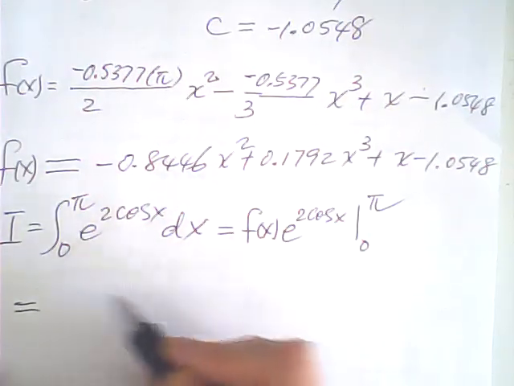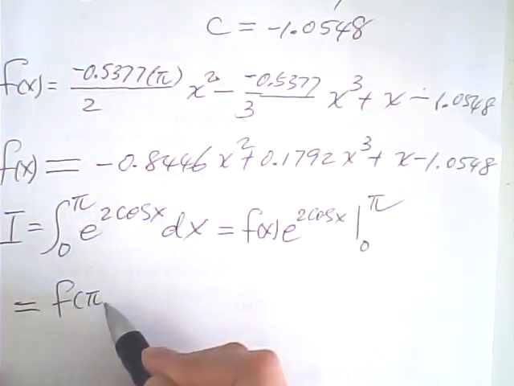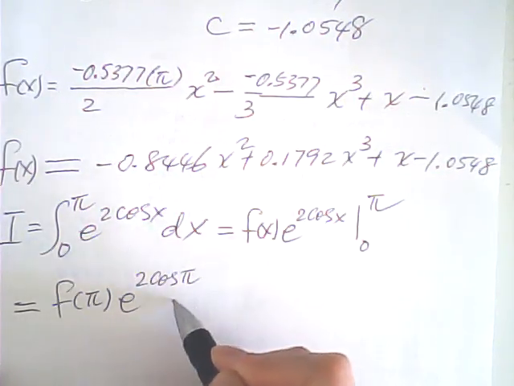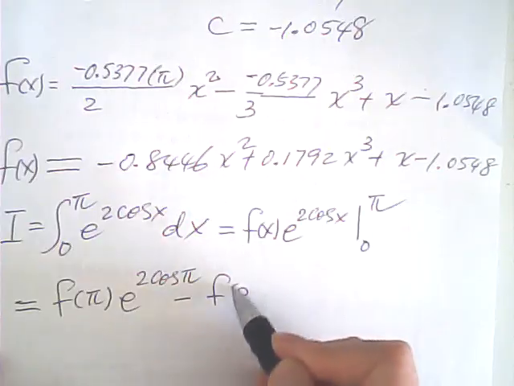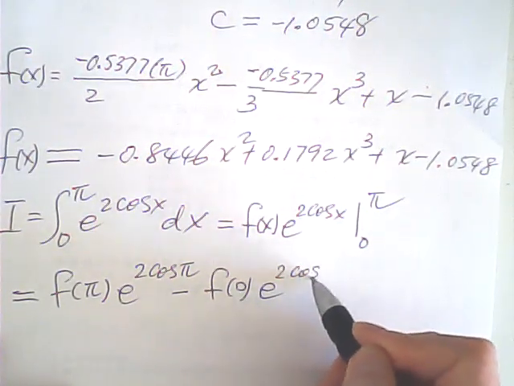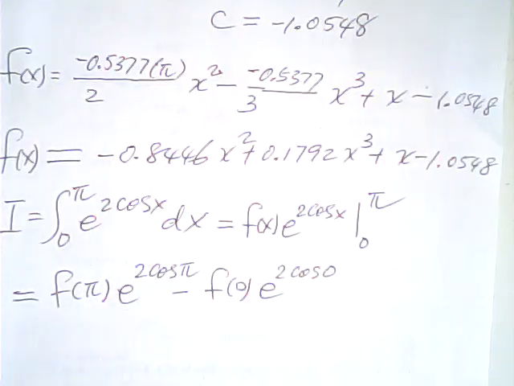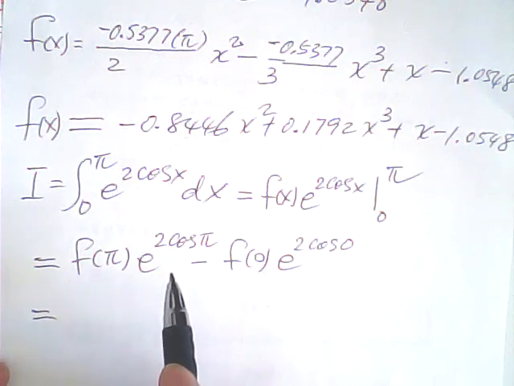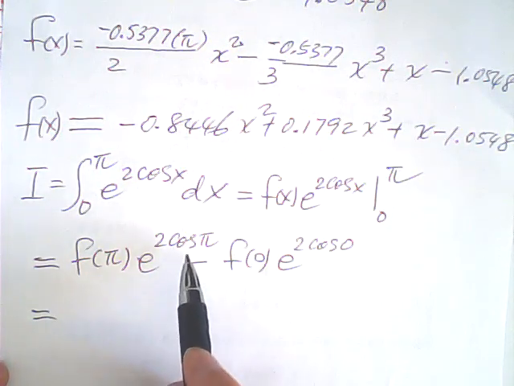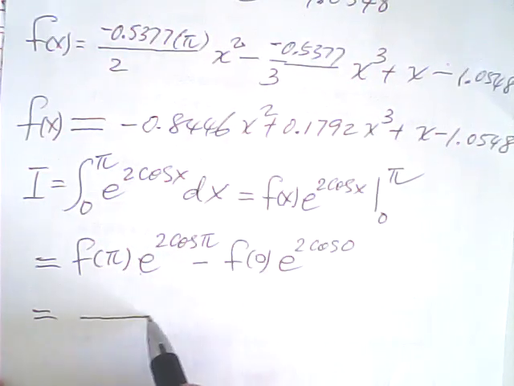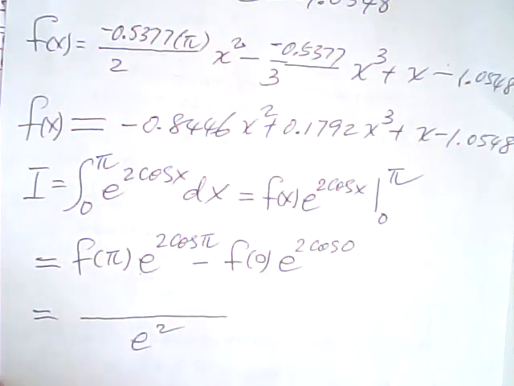Now then, it is f of pi e to the 2 cosine pi minus f of 0 e to the 2 cosine 0. Cosine pi is negative one, so this is equal to negative 2, which is the bottom.